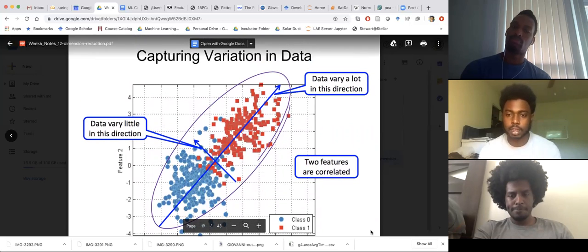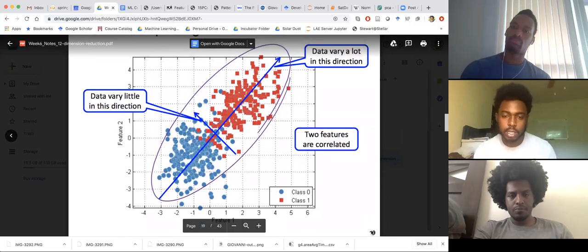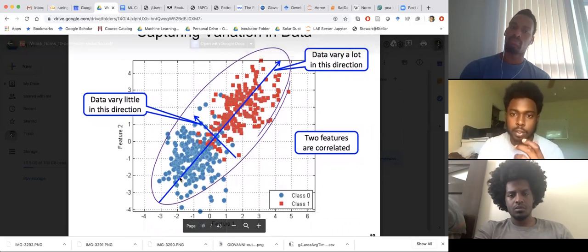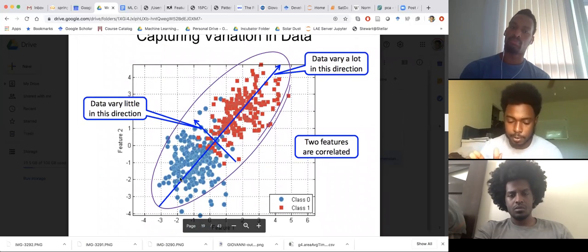So let's take an example. We might have some data set, and we're going to look at two of the features and plot them on this 2D map. We have feature 1 going from -4 to 6, and feature 2. Something's been pointed out here. We can see the variation in each direction, right?